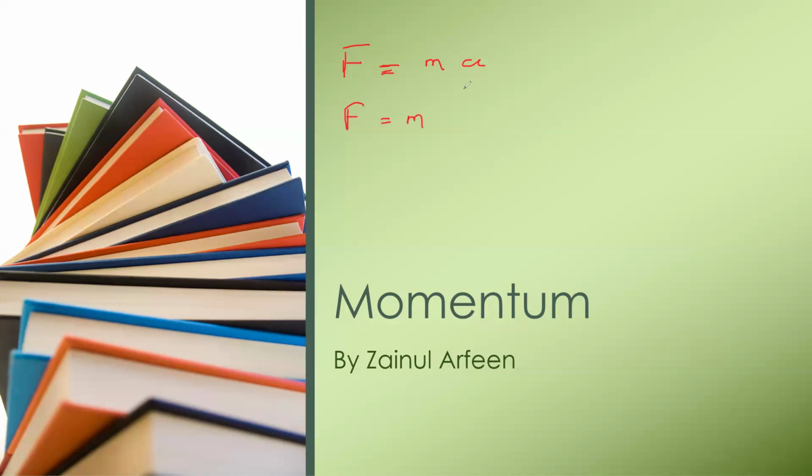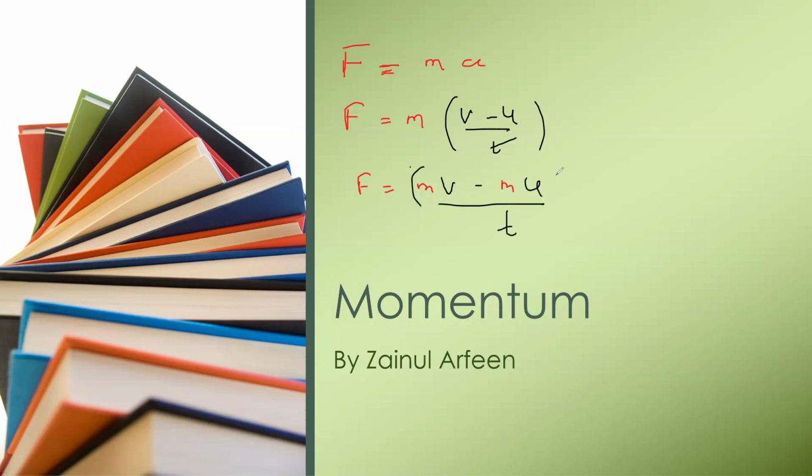Acceleration is the change in velocity. So in place of acceleration, we can write v minus u over t. So this will be F equals m multiplied by v minus m multiplied by u, and then the whole is divided by t.